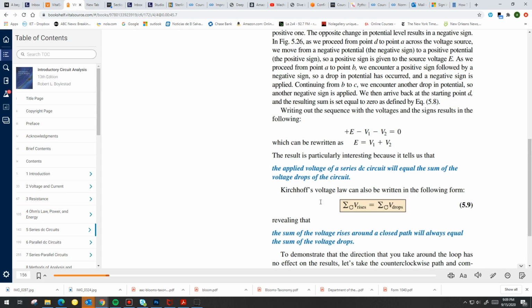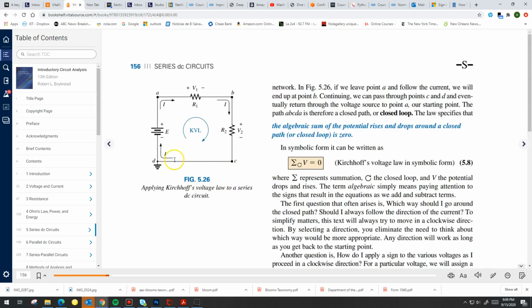Another way of stating Kirchhoff's voltage law is also saying, well, if you look at a circuit like this, and if you look at the closed loop, and if you add up all the voltage rises, or voltage gains, same thing, on one side and put all the voltage drops on the other side, they both should be equal.